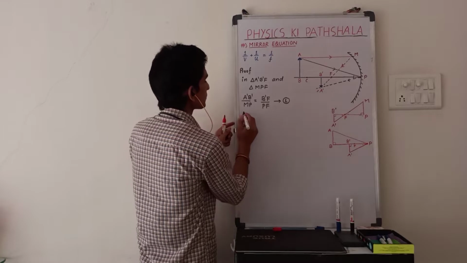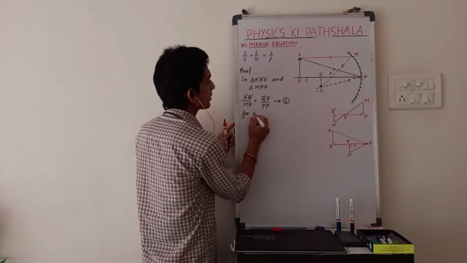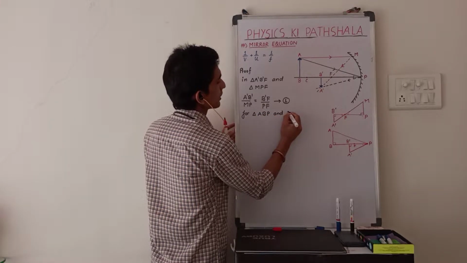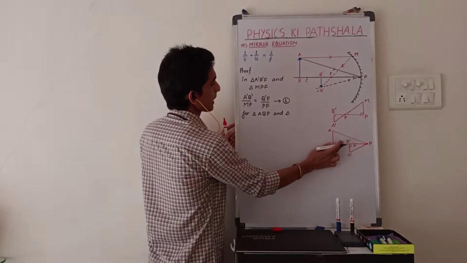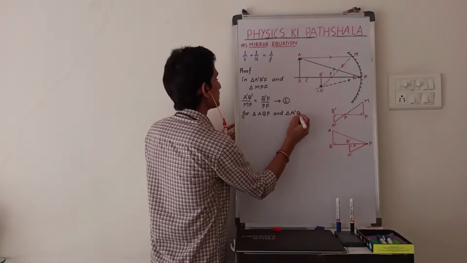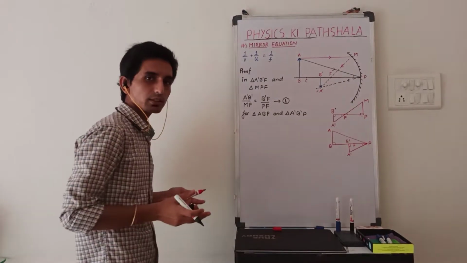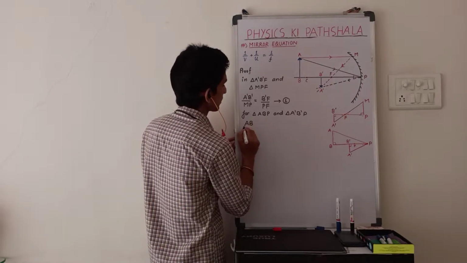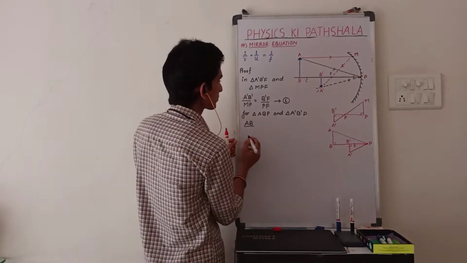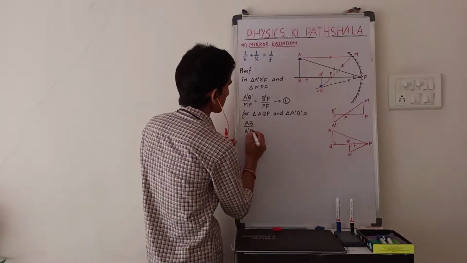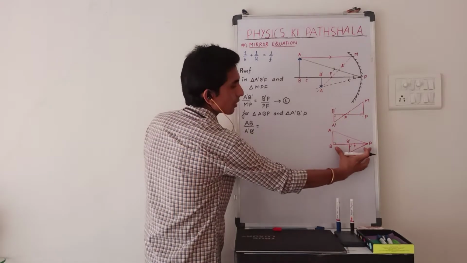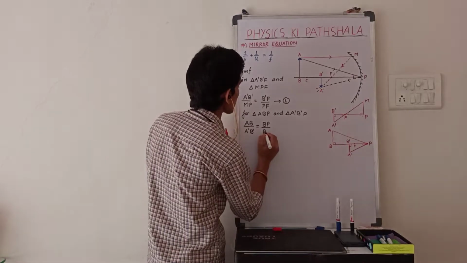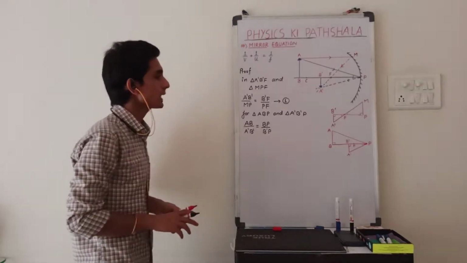So for triangle ABP and triangle A prime B prime P, again we can write the similar ratios, that is AB upon A prime B prime equals the base of the first triangle BP upon the base of the second, B prime P. Correct?